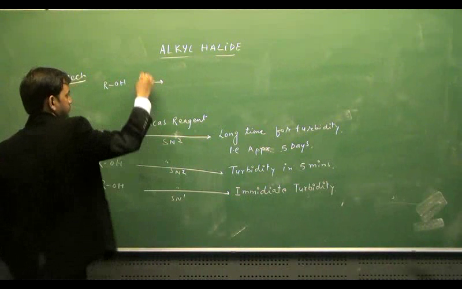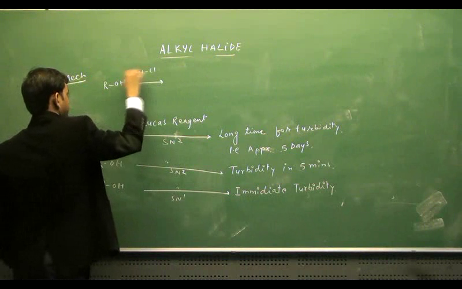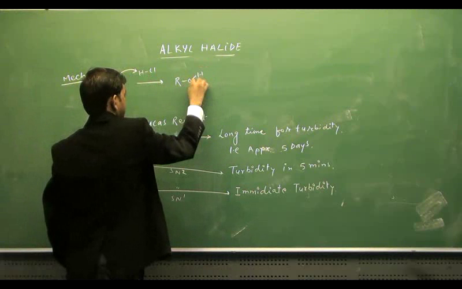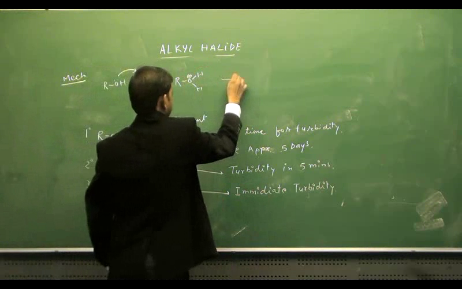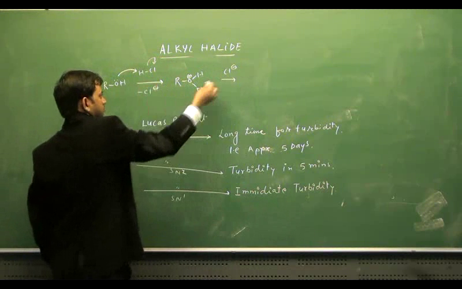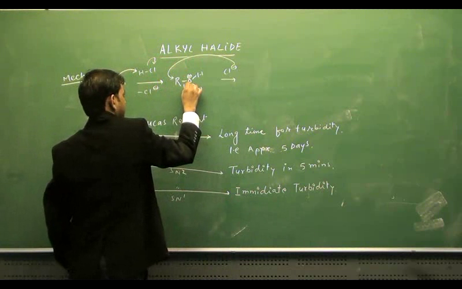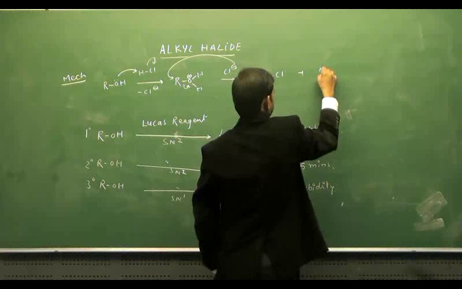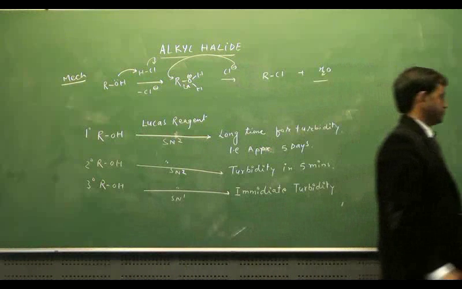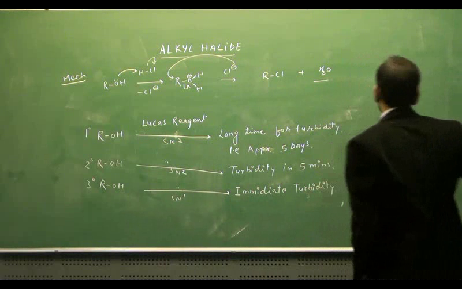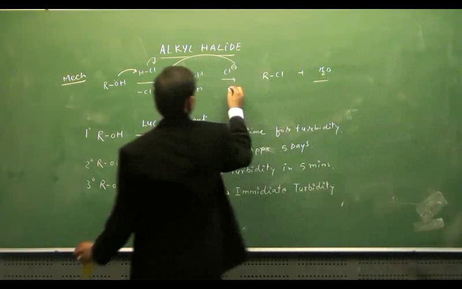The alcohol protonates, HCl is there, ROH is attacked from the back side. It gives RCl plus H2O. SN2.